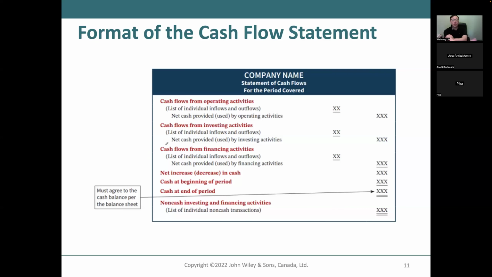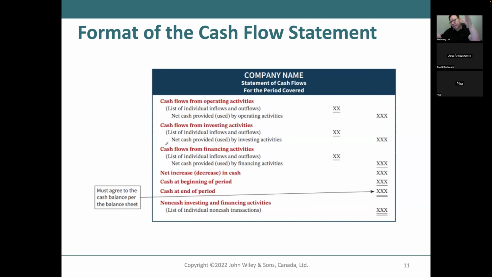So your goal is to produce a statement that looks like this. For formatting purposes, your goal is to produce that statement of cash flows following this example. On the top, cash flows from operating activity, then cash flow from investing activity, and then cash flow from financing activity.